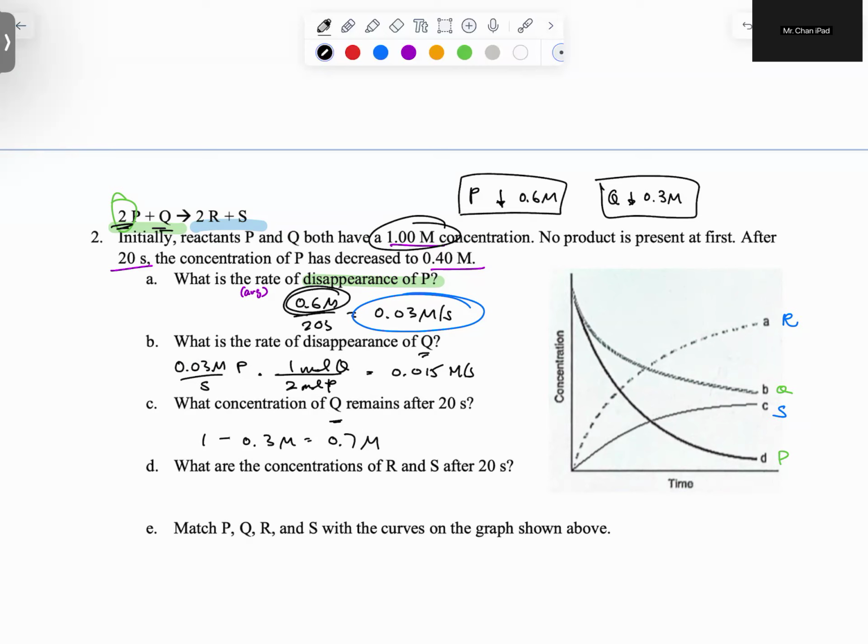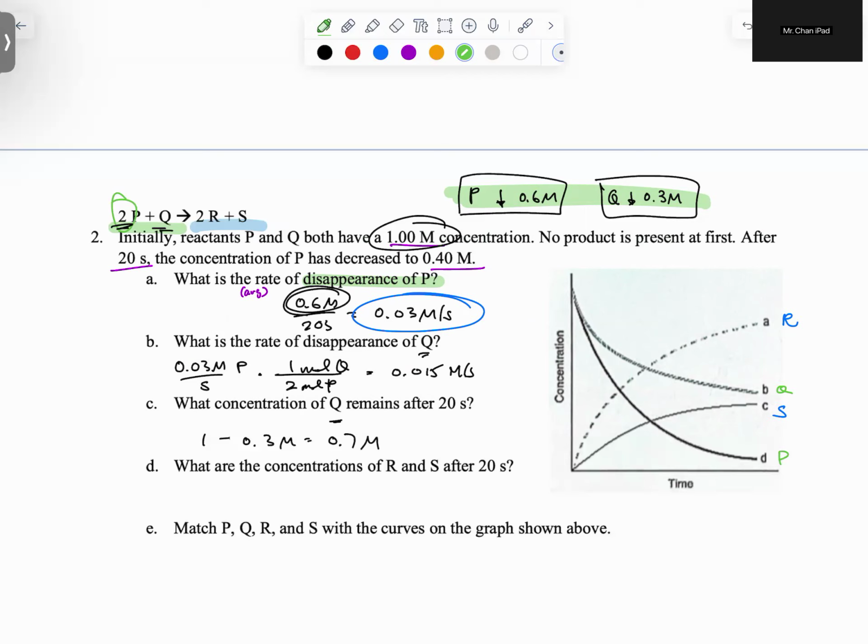What about the concentration of R and S after 20 seconds? Now, this is why I laid out the statistics right here. If you understand how P dropped by 0.6 and Q dropped by 0.3, well, why are they dropping? They are dropping simply because they are making products.